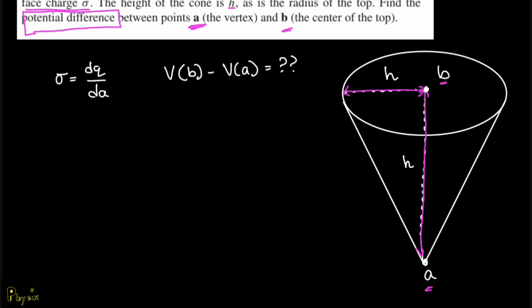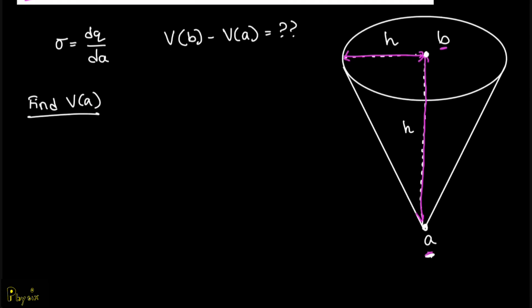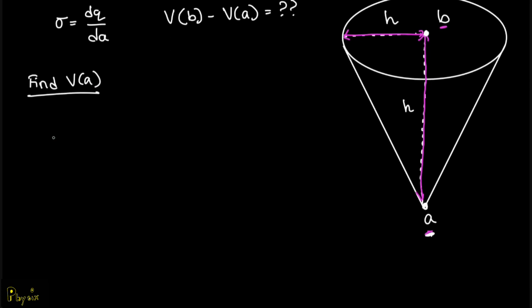So I'm going to start off with finding the potential at point A first. Find VA. The formula that we're going to use is V of r equals 1 over 4 pi epsilon naught, the integral of sigma over the magnitude of the displacement vector times dA.